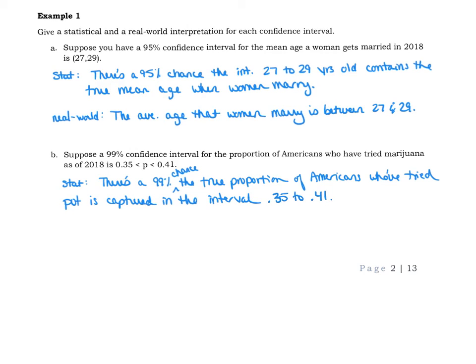You could say the true percentage of Americans who've tried pot is captured in the interval 35% to 41% as well. That's another option that's perfectly acceptable.